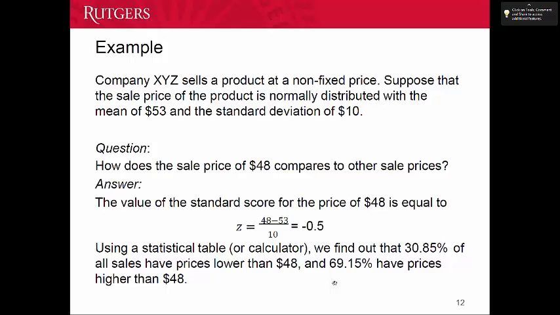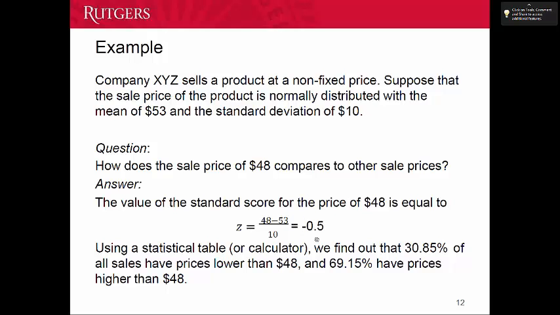The question is, how does the sale price of $48 compare to other sale prices? Here we can see the answer: the value of the standard score for the price of $48, using the formula here, equals -0.5. So the value of the z-score equals -0.5.